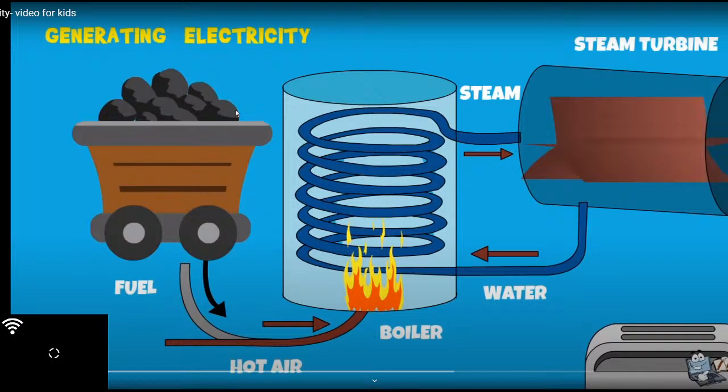So here we have chemical energy. Here, this fire means that we have heat energy, and we are turning this chemical energy and this heat energy into another kind of energy, kinetic energy. And this kinetic energy can be turned into electricity.